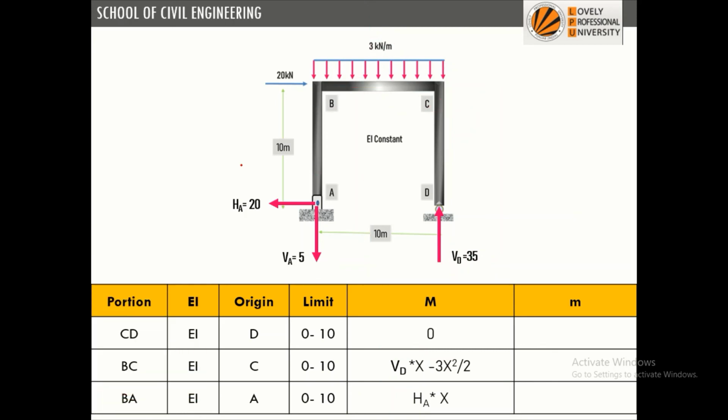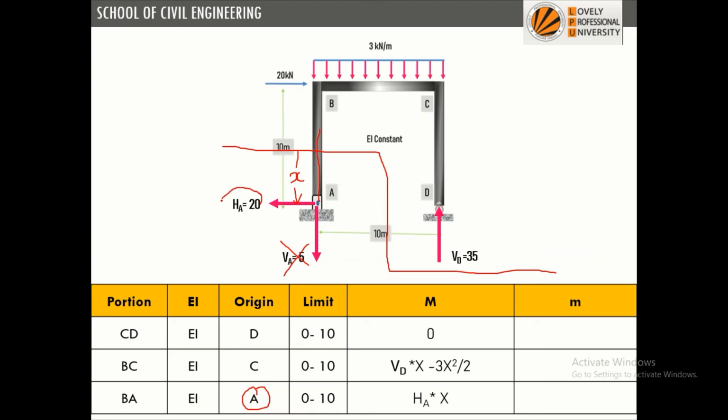Now coming to the third portion, that is AB. Now we cut the section like this. Either we consider all these forces, or we consider this force. It is better that we consider only this force. This distance is going to be x. So our origin for the portion AB is A, and this force is passing through the axis of the member, so this will not give any moment.